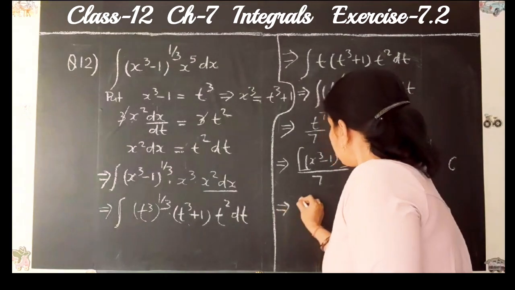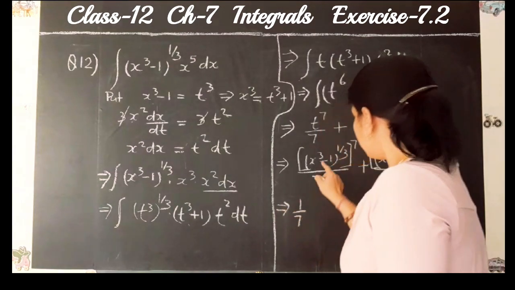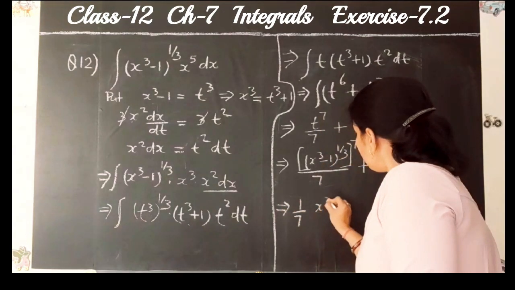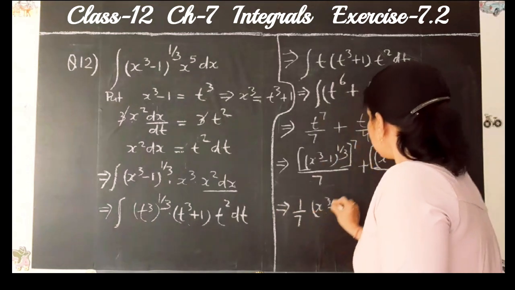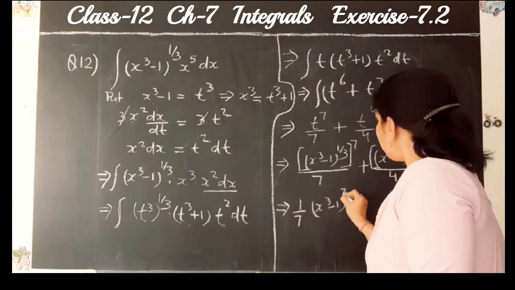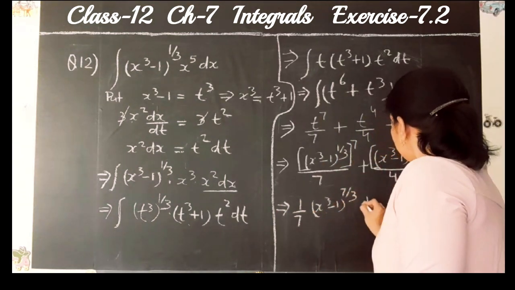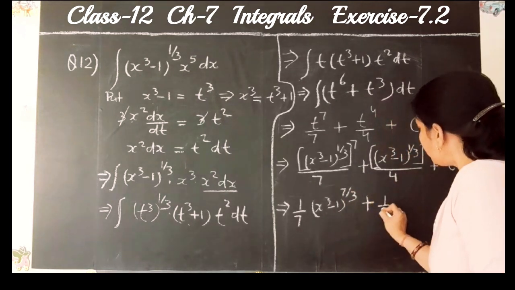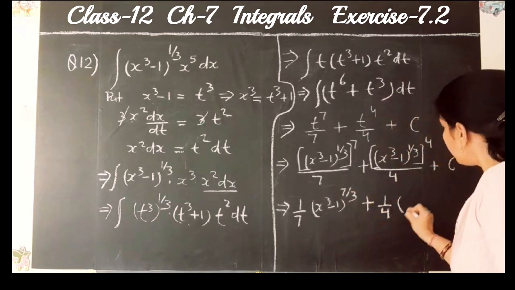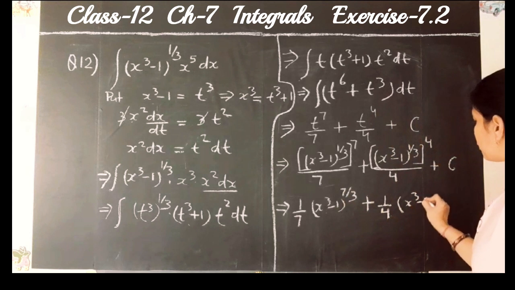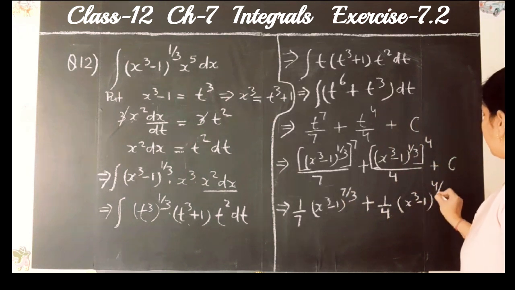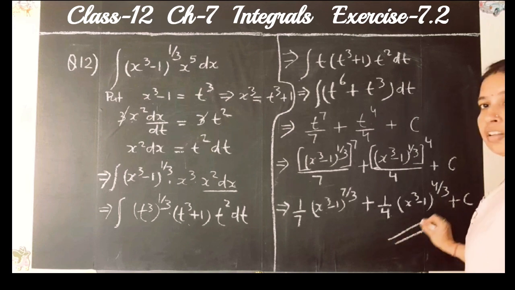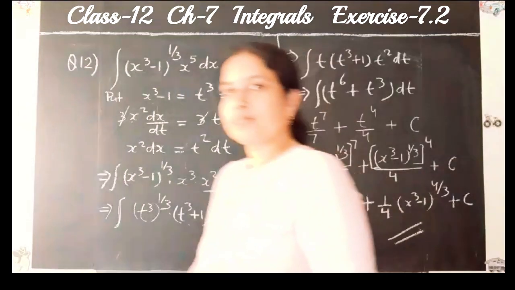So we can write 1 by 7 x cube minus 1 power 7 by 3 plus 1 by 4 x cube minus 1 power 4 by 3 plus constant c. So this is our answer.